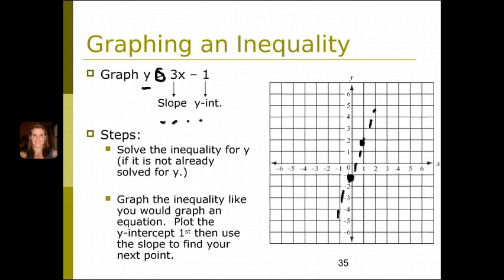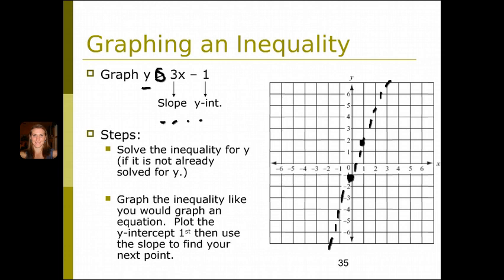And I'm going to go through this graph because I have some shading to do. Since my inequality symbol was greater than, everything shaded is going to be above or greater than this boundary line.